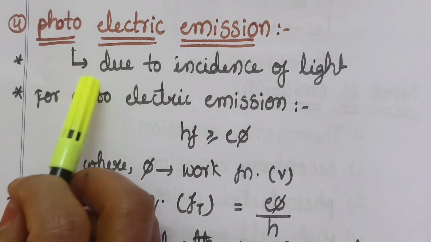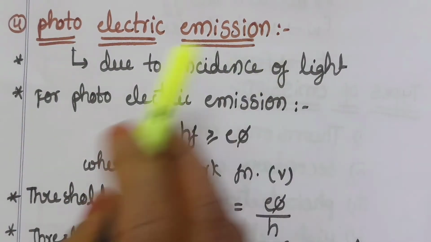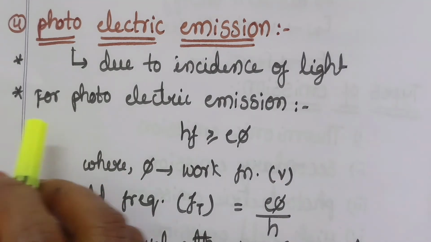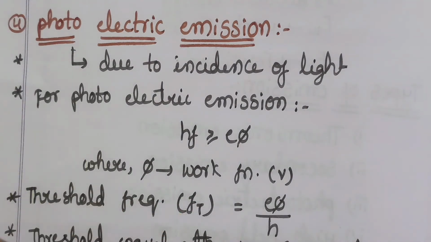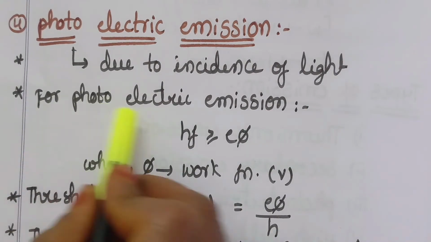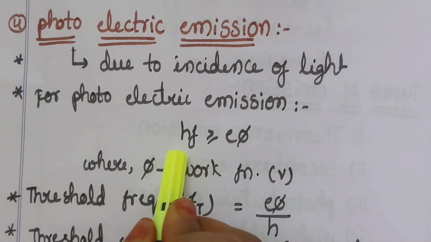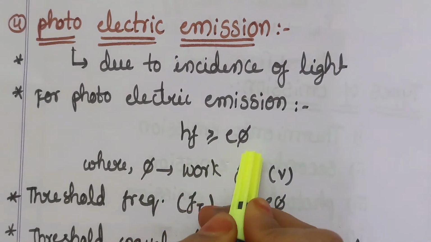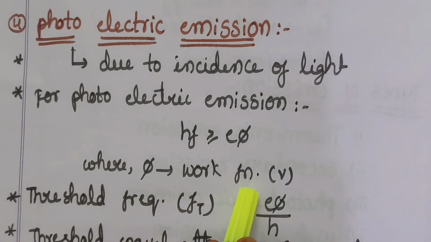The emission of electrons due to incidence of light is known as photoelectric emission. The energy possessed by a photon is hf. This we already know, where h is Planck's constant and f is the frequency. For photoelectric emission to take place, the energy possessed by the photon, hf, must be greater than or equal to Eφ, where φ is the voltage equivalent of the work function, in volts.